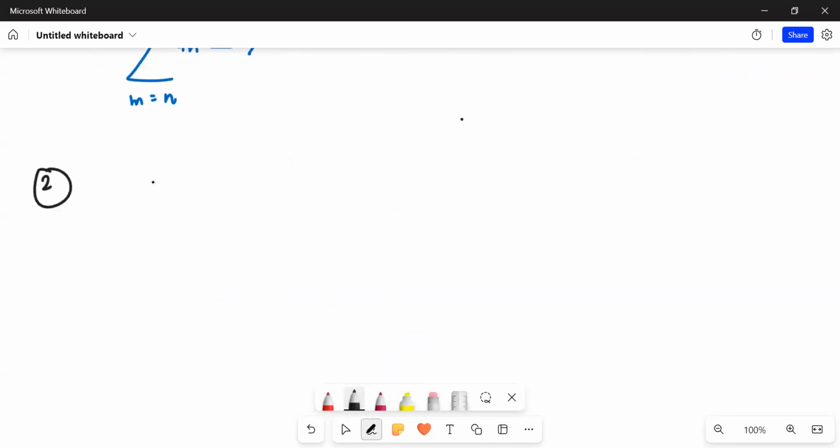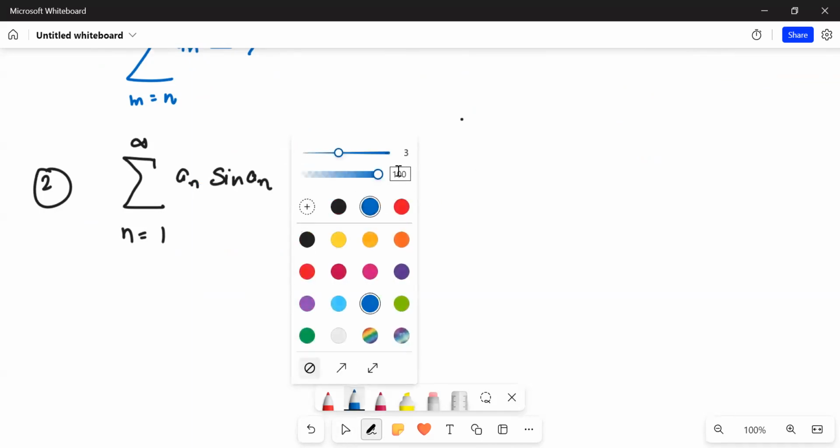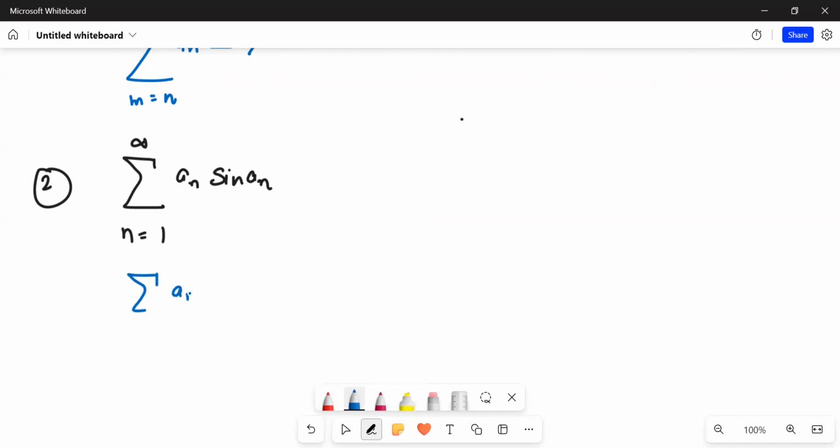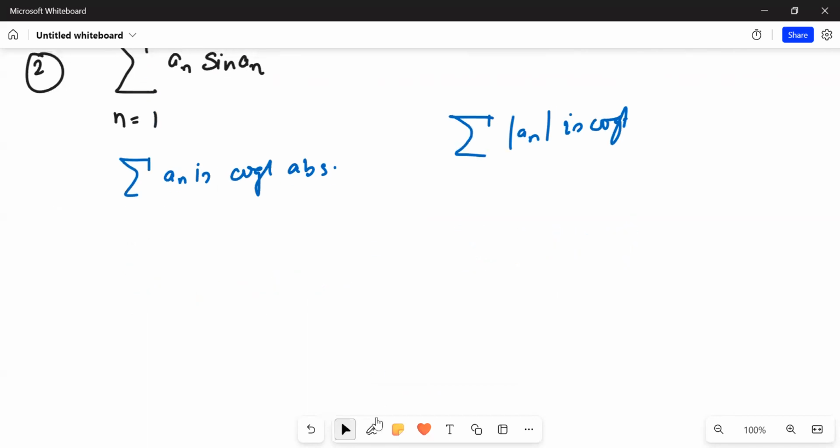Now second, just think about this. What can be said about the summation n equals 1 to infinity of an sine n? Is it convergent? Is it divergent? Already it has been given to us that summation an is absolutely convergent. Let me take a modulus here.